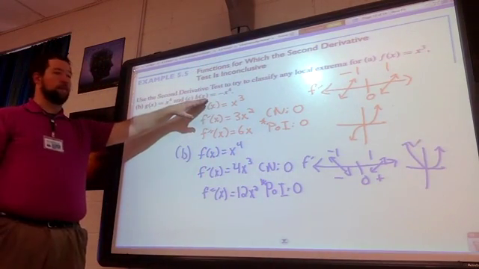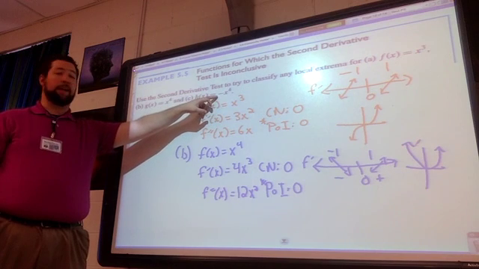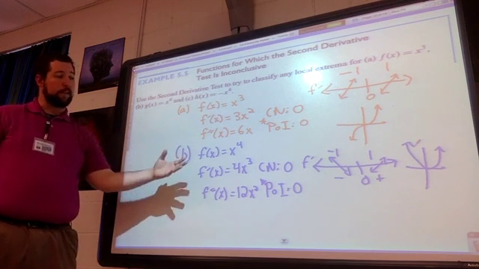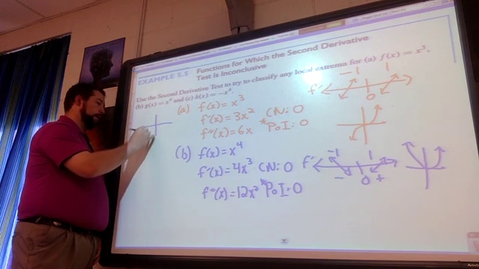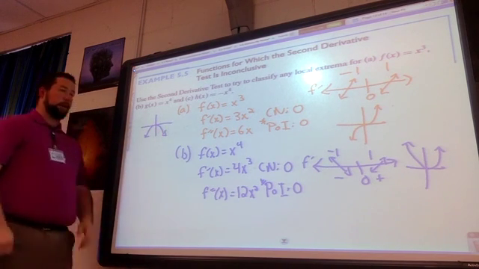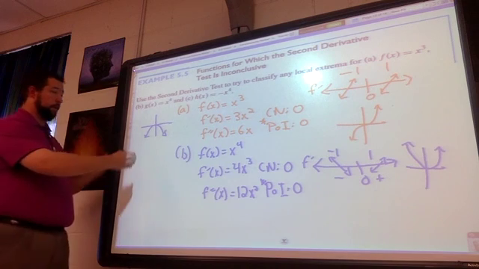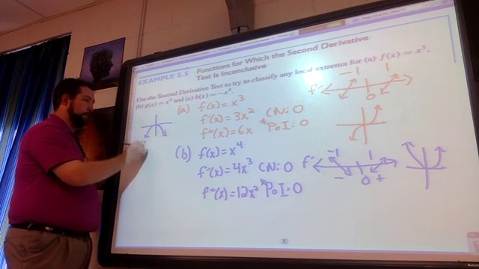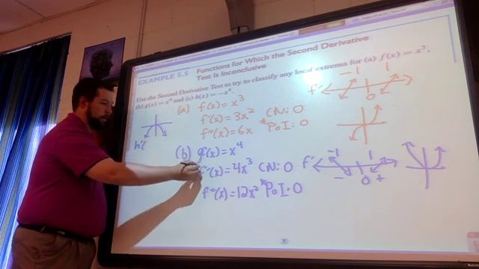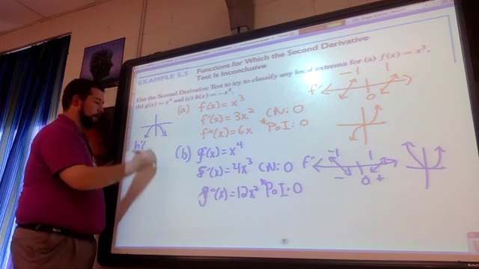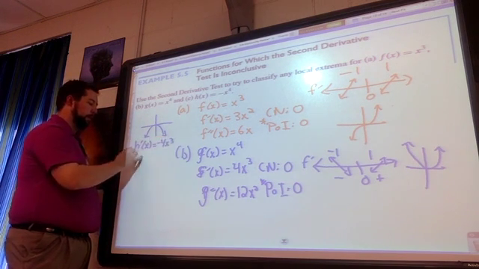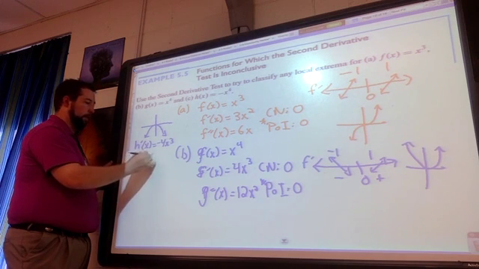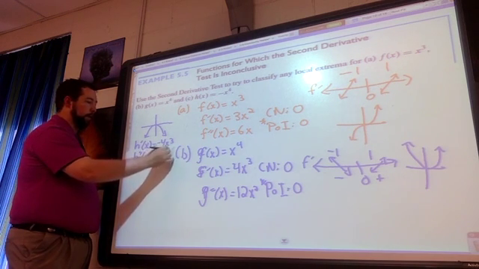Okay? And then for C, the same thing, except the function's what? Negative x to the 4th? So the same thing is going to happen, except my graph is going to look like this. All right, and so if you did the first derivative, I'll call those g's, sorry. First derivative would be negative 4x cubed. Second derivative would be negative 12x squared.